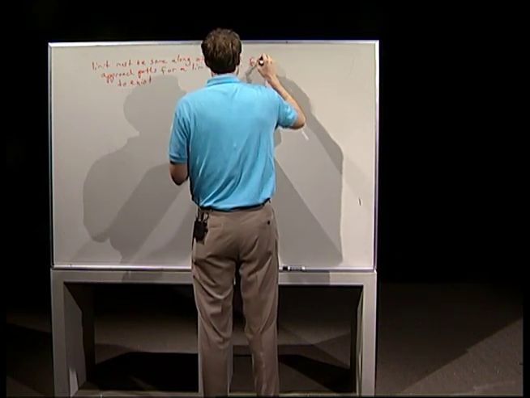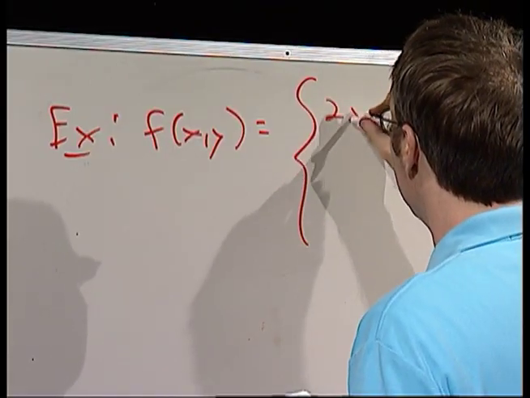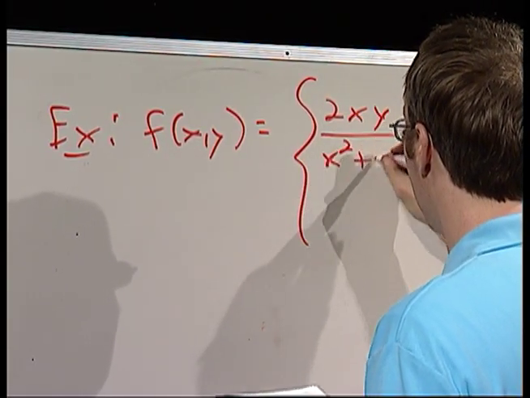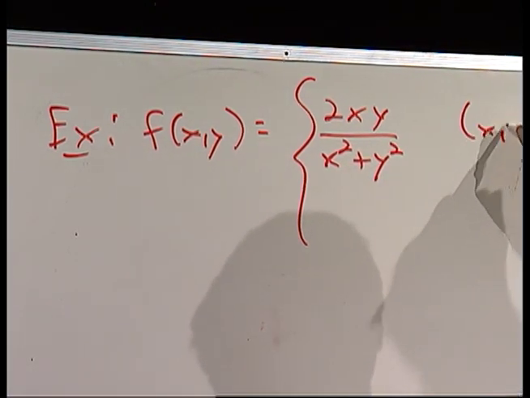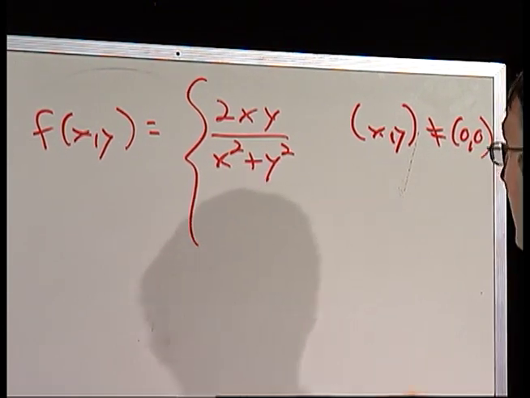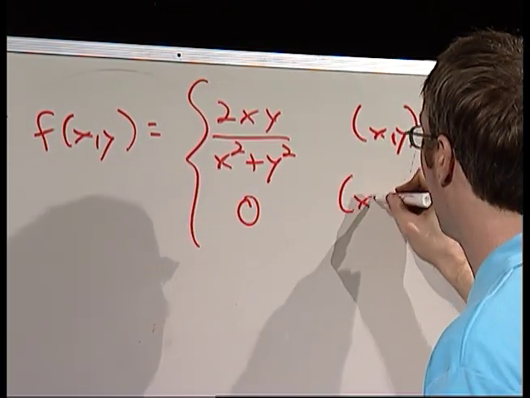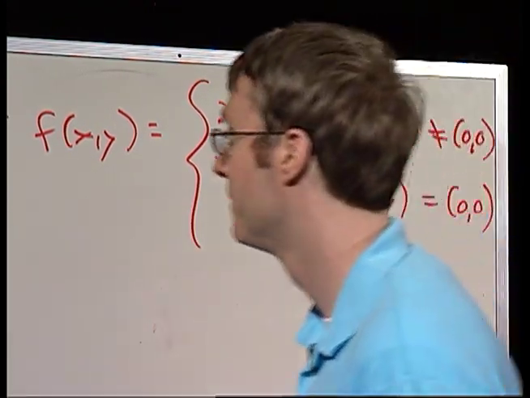So, example. Here is a function which is piecewise: 2xy over x squared plus y squared when (x,y) is not (0,0), and let's call it 0 when (x,y) is (0,0).